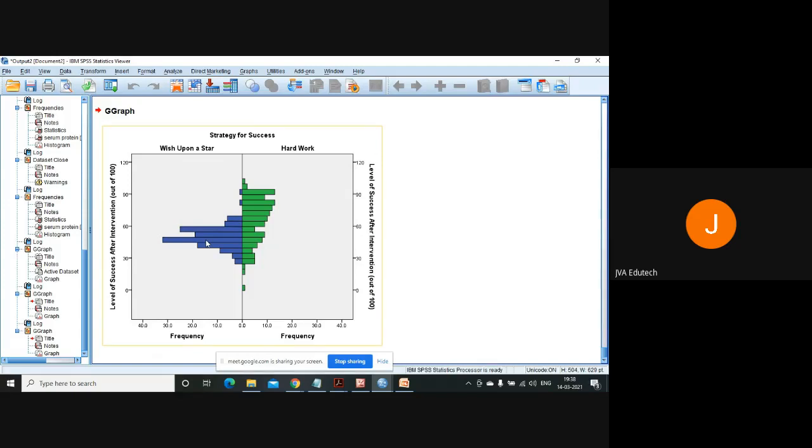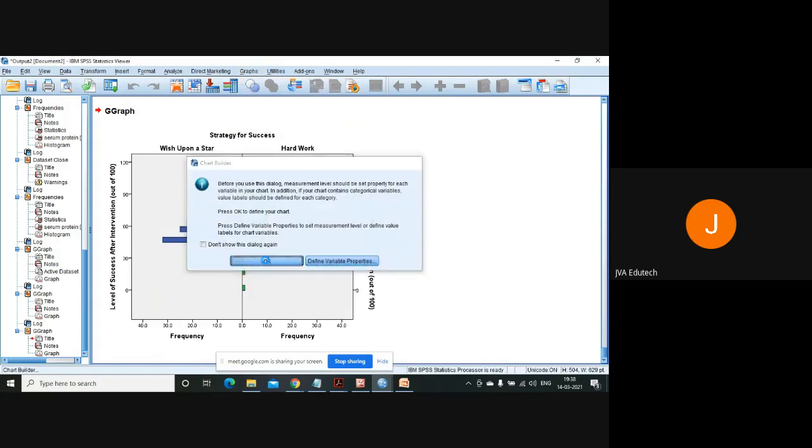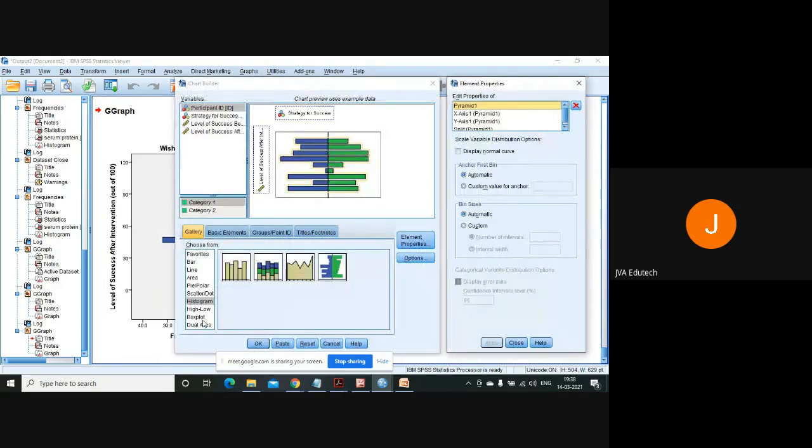Another one is the box plot. So you can go to Chart Builder and select this box plot. Now let's take this simple box plot. There are three kinds of box plots: the first one is the simple box plot, then the clustered box plot, and the third one is the 1D box plot.